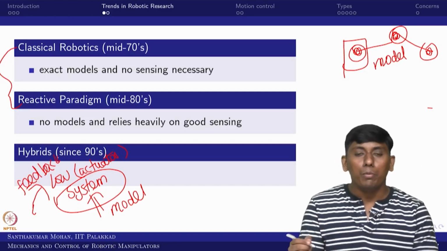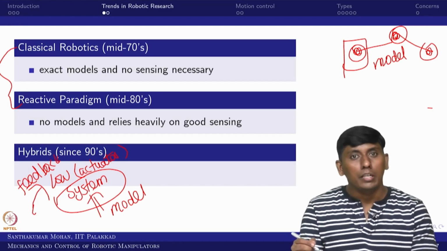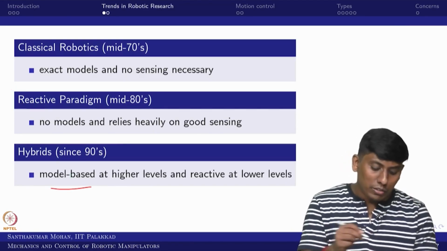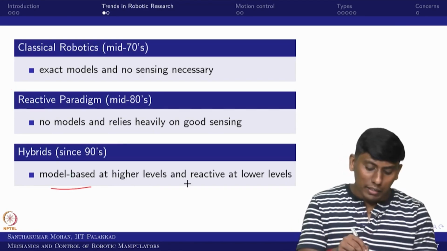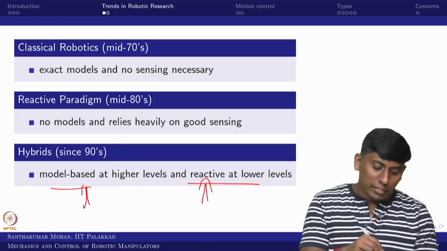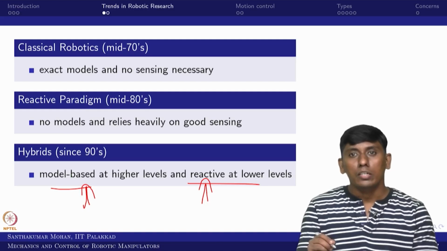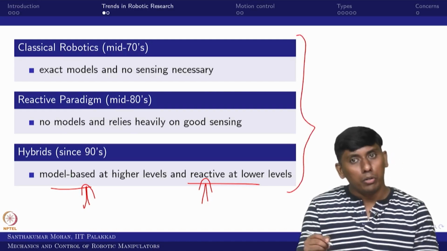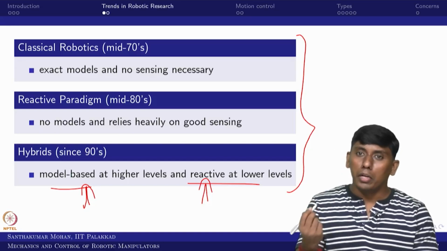That is what even now people are working on in most of the manipulator community. So it is model based at the higher level and reactive at the lower level. At the actuator level it would be motion based control, and at the system level it is model based control.